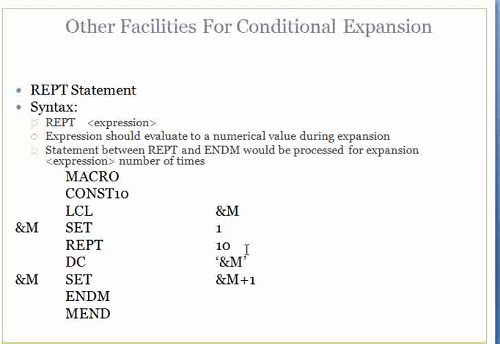How many times will I do it? I will do it 10 times. So all those lines that come after this REPT statement and before this MEND will be repeated 10 times. This is how your REPT statement works. You have to write REPT and an expression, and please remember the expression should evaluate to a numerical value during expansion.